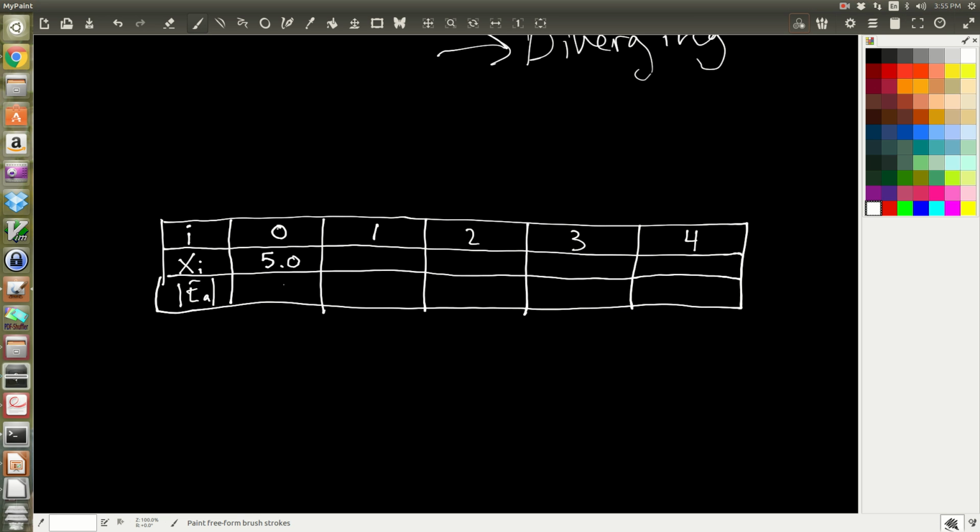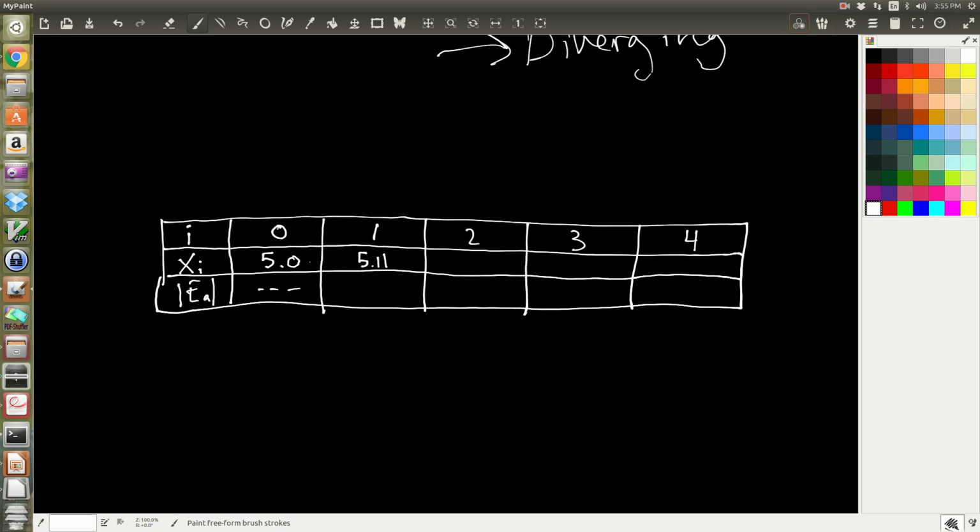We can't calculate any error for our initial guess because we don't have a previous guess. But after we calculate our first guess using a Newton-Raphson step or a secant method step, we could get something like 5.11 as our next guess.